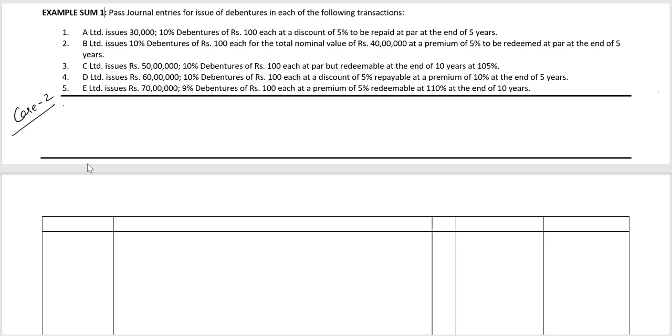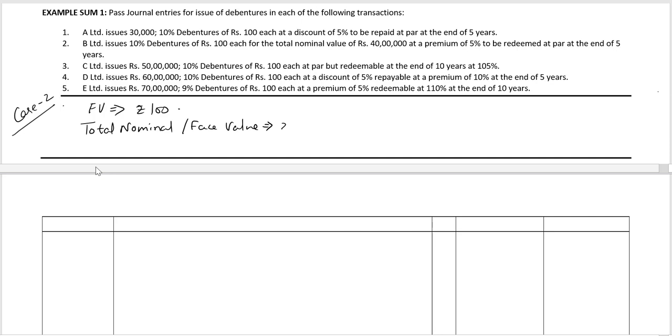Let's make a few notes first. The face value of the debenture is rupees 100. The total nominal value is equal to rupees 40 lakh.